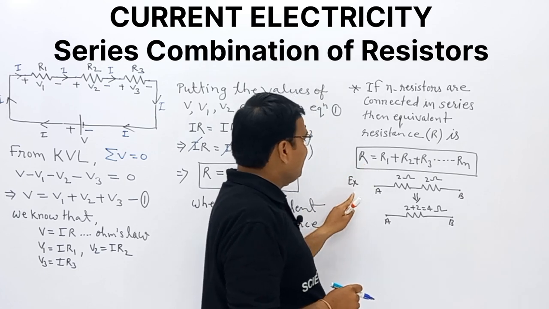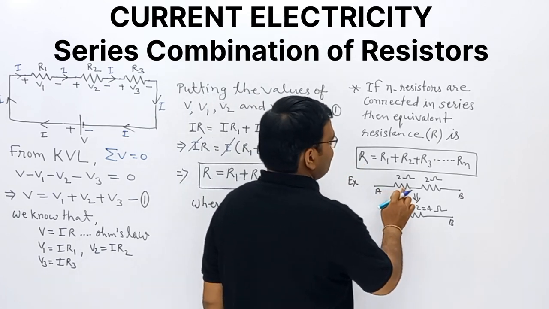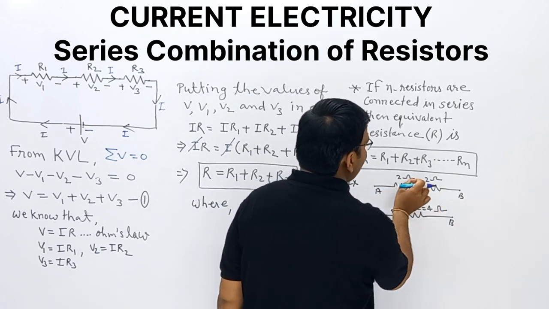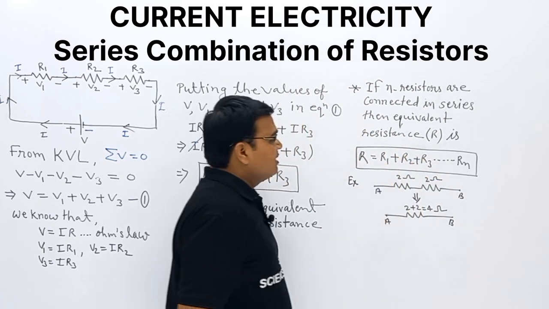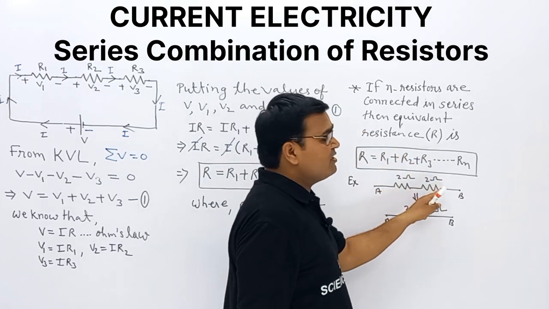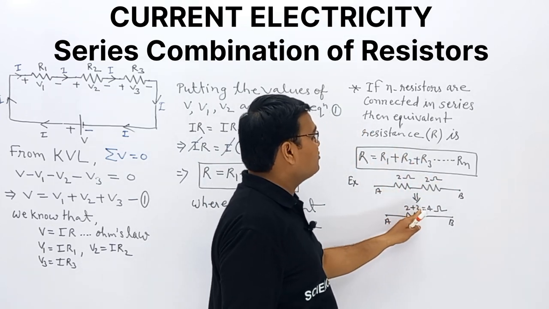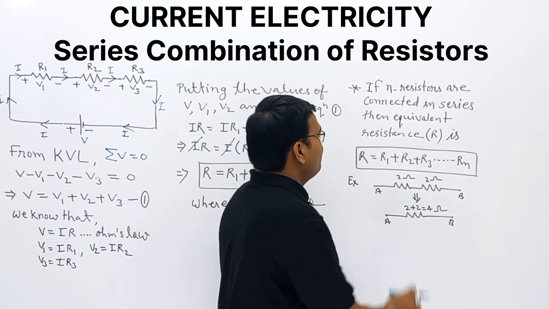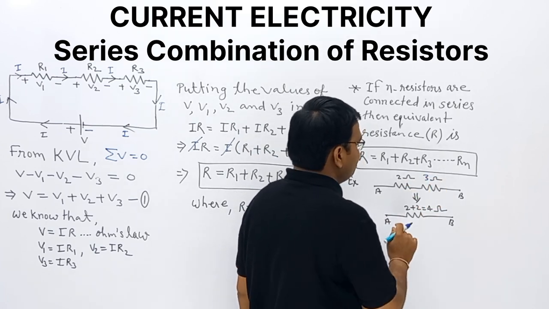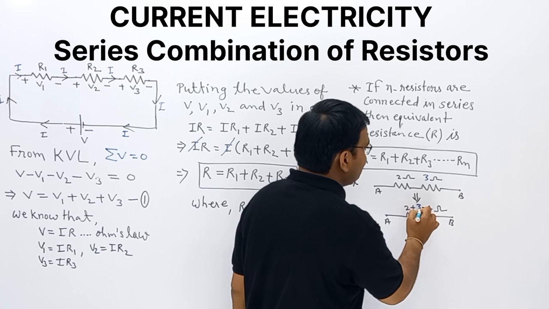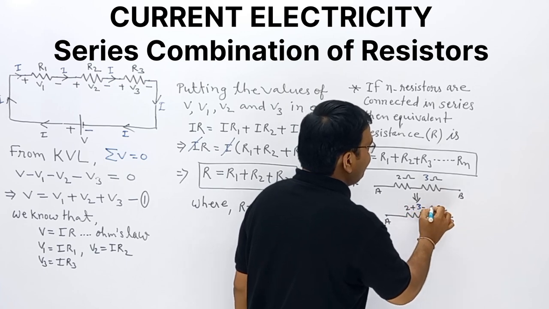I have one example. 2 resistors, both having 2 ohm values. Then the equivalent resistance of these two will be 2 plus 2, 4 ohm. Clear? If we have 2 and 3 ohm, then what will the equivalent resistance be? 2 plus 3 will be 5 ohm resistance.